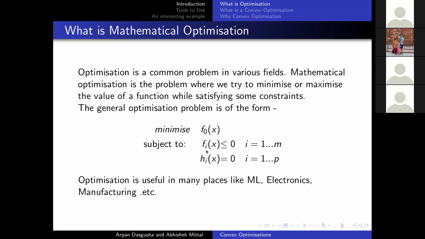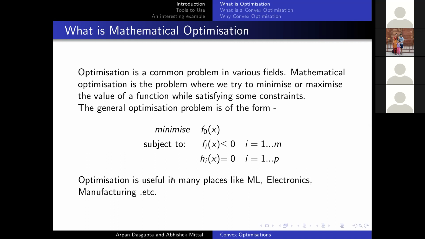So mathematical optimization is useful in several places. Since we are in computer science, we have only seen it mainly in stuff like machine learning. However, it is useful in many places like electronics, manufacturing, in industry, and several other places.